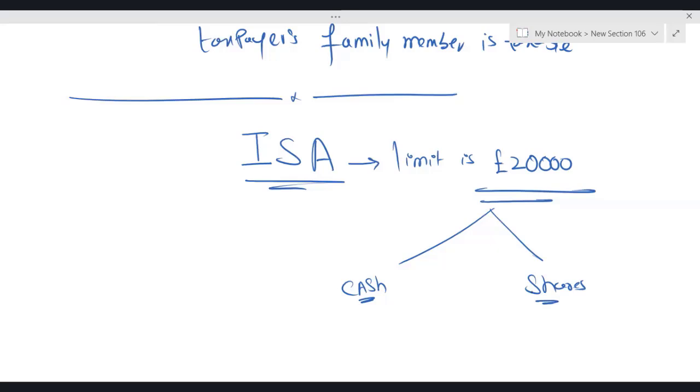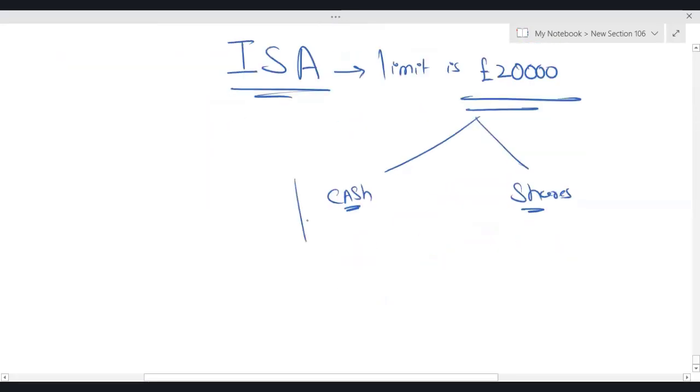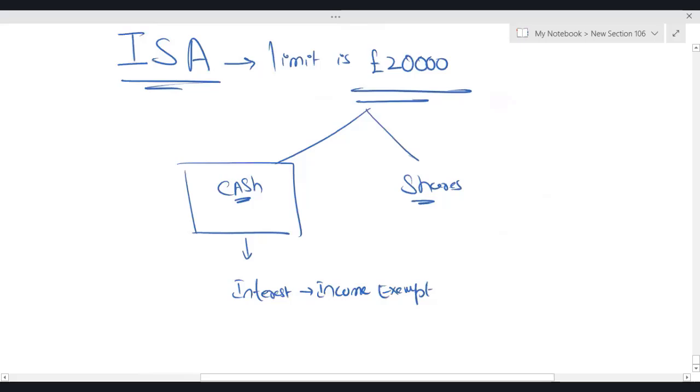Now, please try to understand. If you have deposited cash in ISA, then you will be getting interest income, and that interest income is exempt. In case of shares in ISA, if dividend income is coming, then that dividend income is exempt.